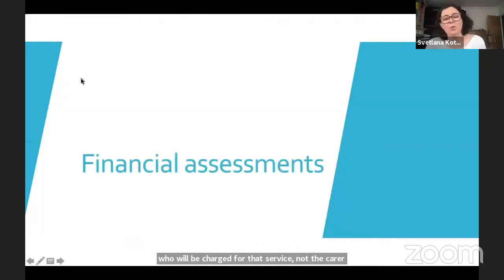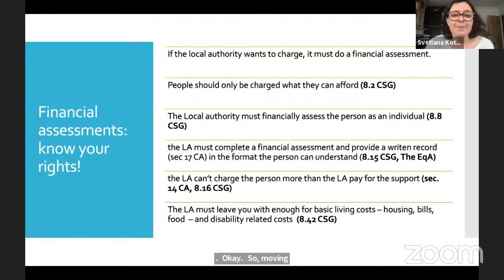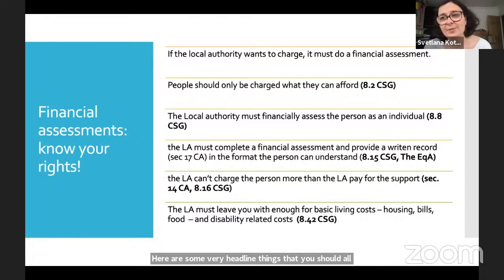Okay, so moving on to financial assessments. Here are some very headline things that you should all know. If a local authority decides to charge, it must do a financial assessment.